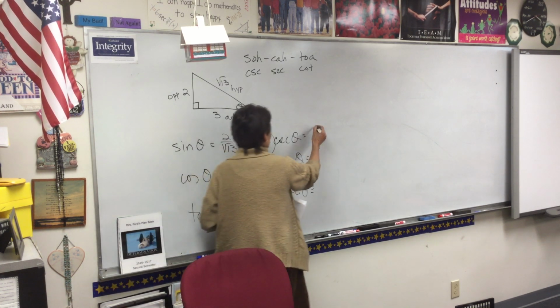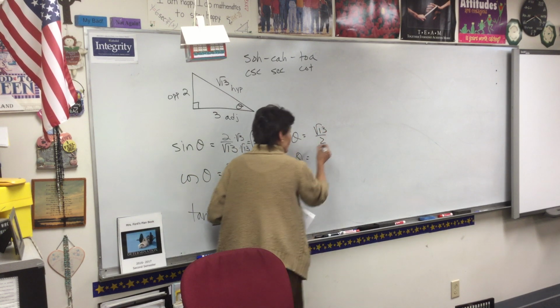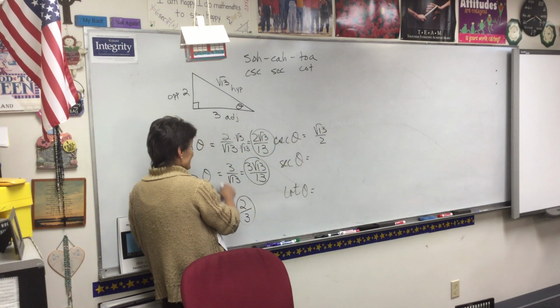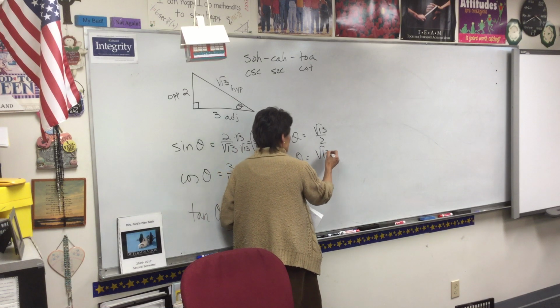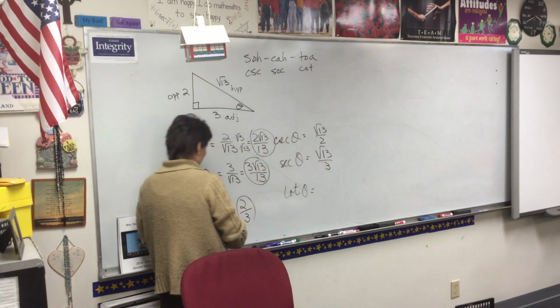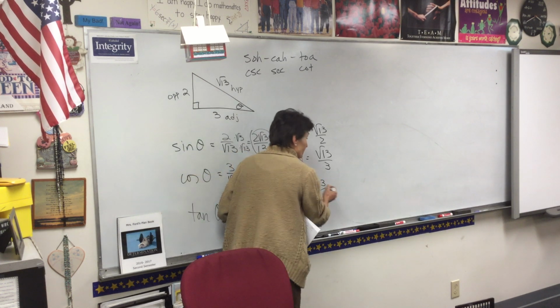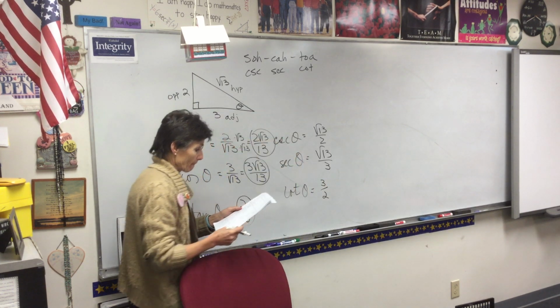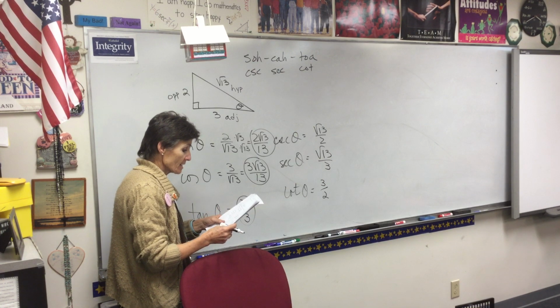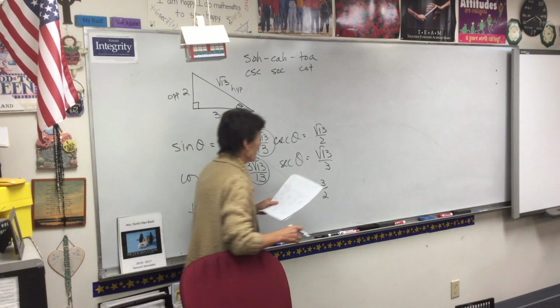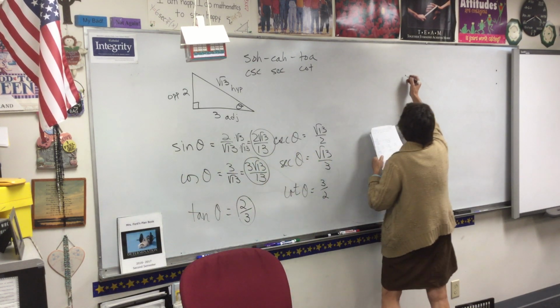So the cosecant will be root 13 over 2. The secant will be root 13 over 3. And the cotangent will be 3/2. Does not get too much easier than that. Let's try another one.